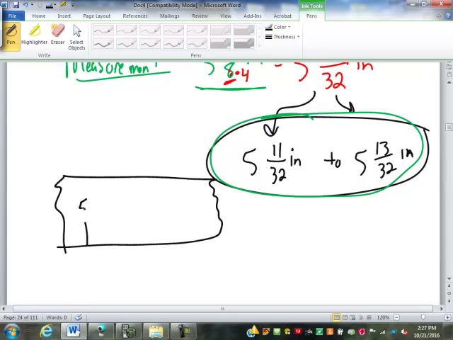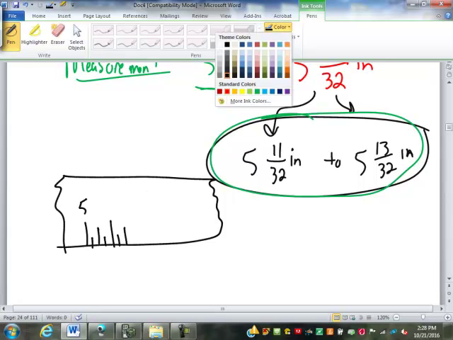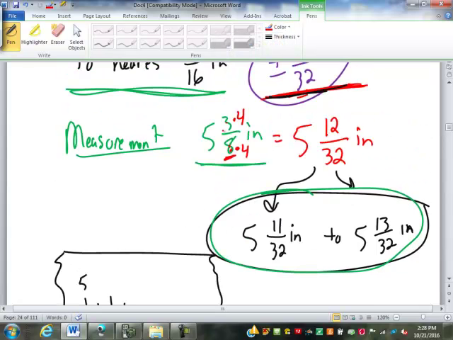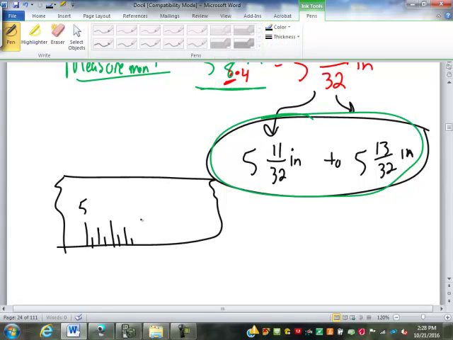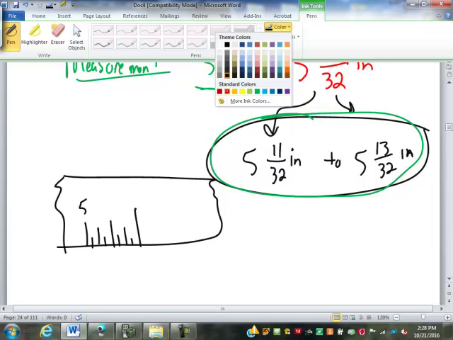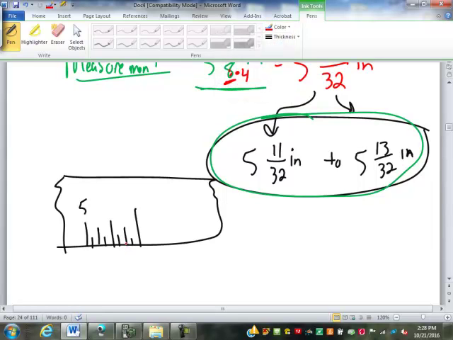And again, the reason for that is because if we look at this ruler, this is 5, this goes to the 16th, so 1/16, 1/8, 3/16, 1/4, 5/16, 3/8, and so on. We said this measures 5 3/8. So I keep going a little bit here. 5 3/8 is right here. Anything that measures 5 3/8 can actually be from here all the way over to here.